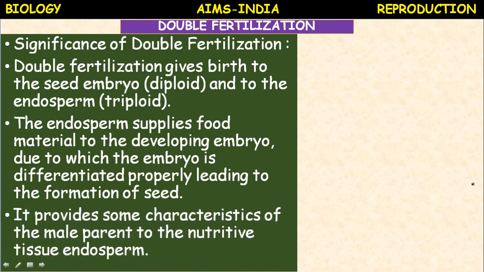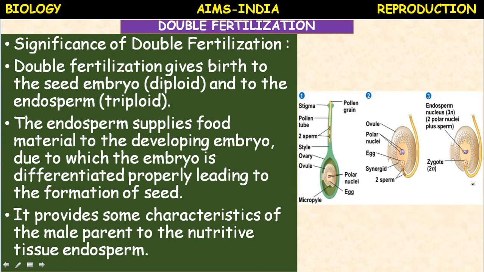It provides some characteristics of the male parent to the nutritive tissue, the endosperm. This is the advantage of double fertilization. This endosperm supplies the food materials to the developing embryo, and it provides the characteristics of the male parent to the nutritive tissue endosperm.